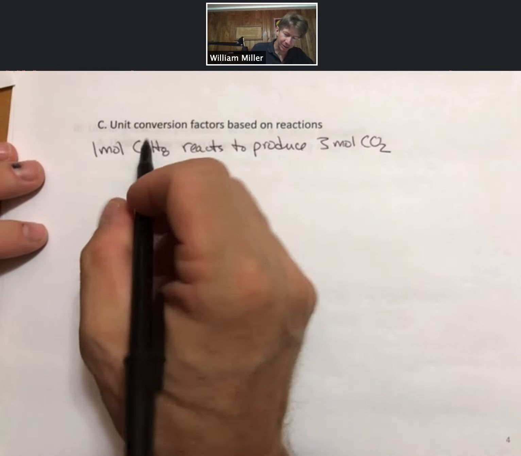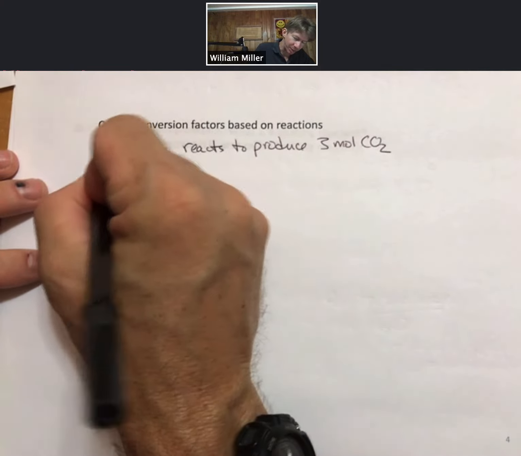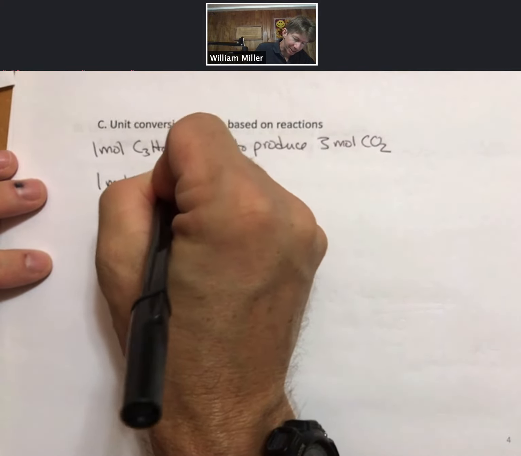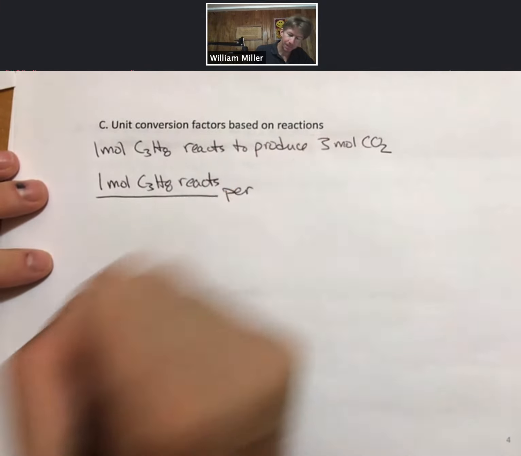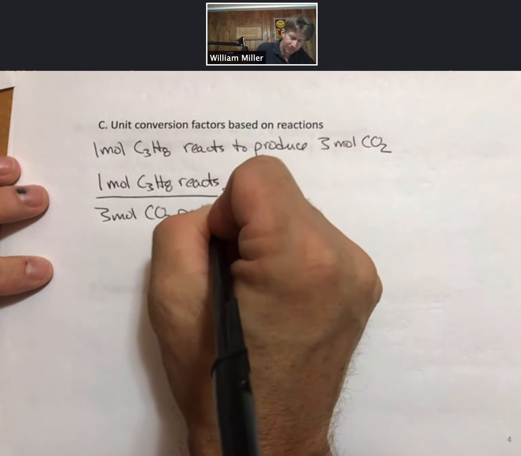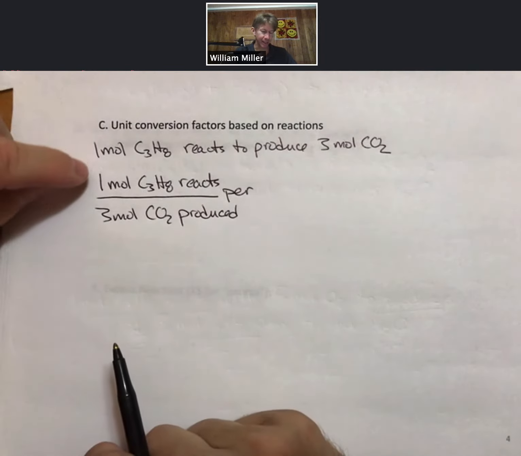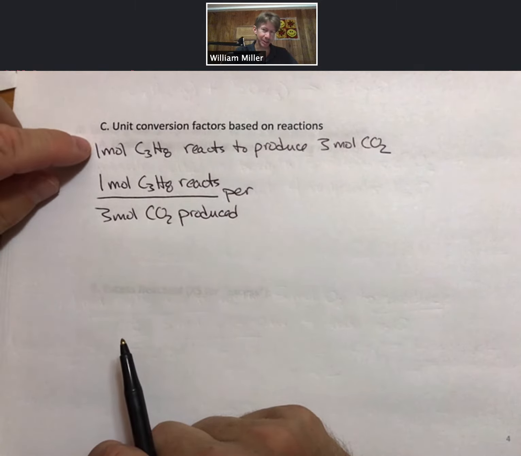And so the unit conversion factor is based on the reactions, and what I'm going to write here is 1 mole C3H8 reacts, and then I'm going to write per 3 moles carbon dioxide produced. So this is the exact same meaning, this fraction, or this per statement, as this statement here. 1 mole C3H8 reacts to produce 3 moles of CO2.